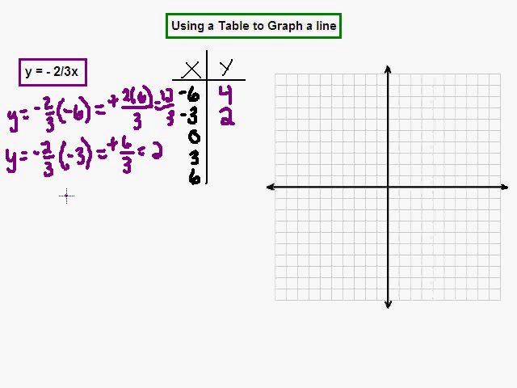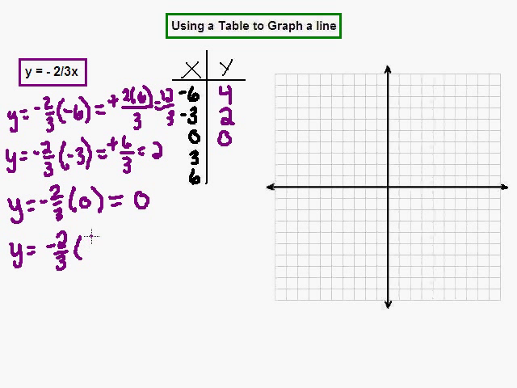Next x value is 0. Y equals negative 2/3 times 0. Well, anything times 0 is 0, so when my x is 0, my y value is 0 in this case. Next x value we're going to substitute in is 3. So I get y equals negative 2/3 times the x value 3.